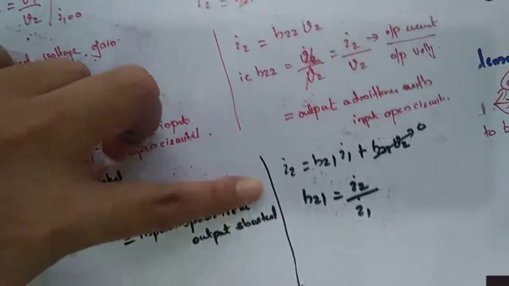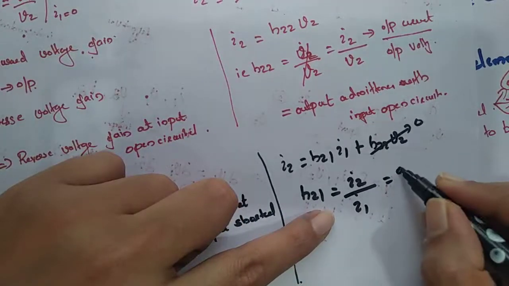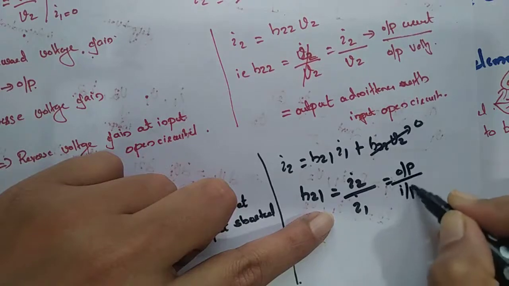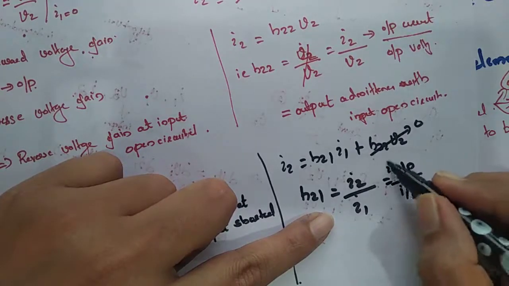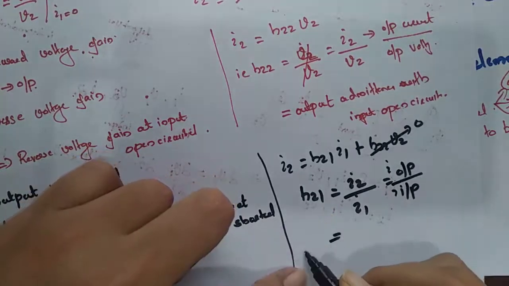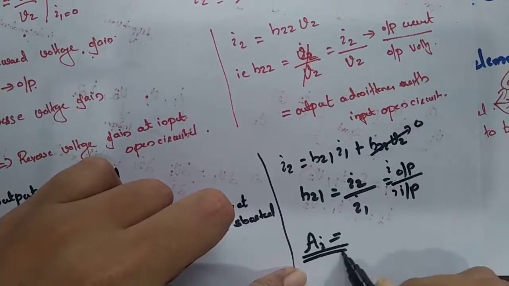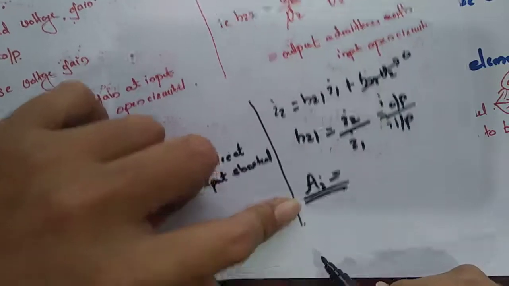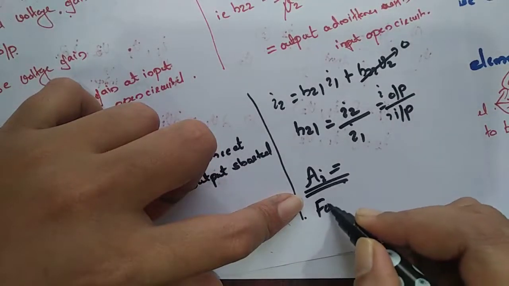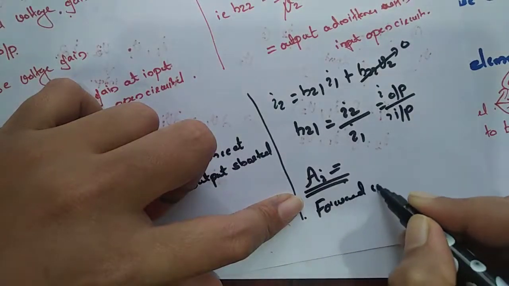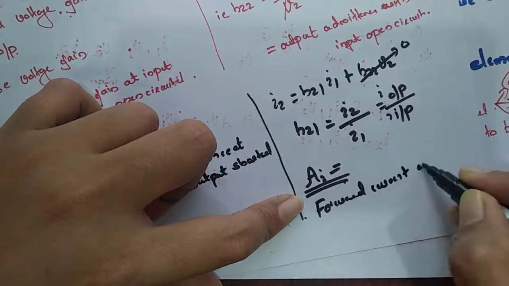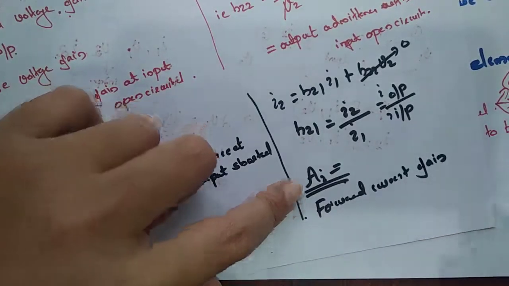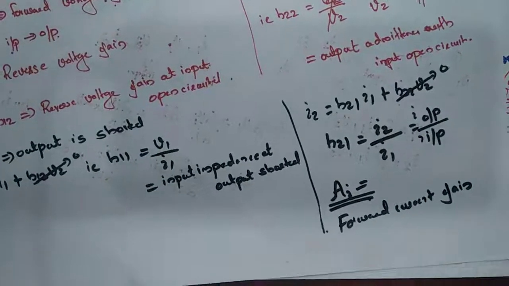What is I2 by I1? The output current by input current, that is the current gain. So we call H21 the forward current gain.